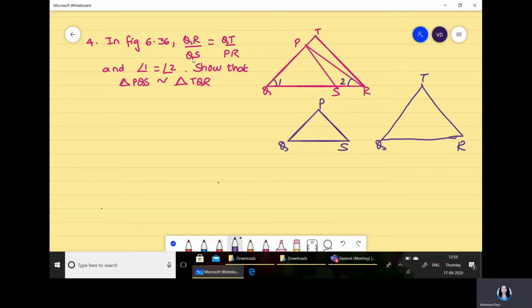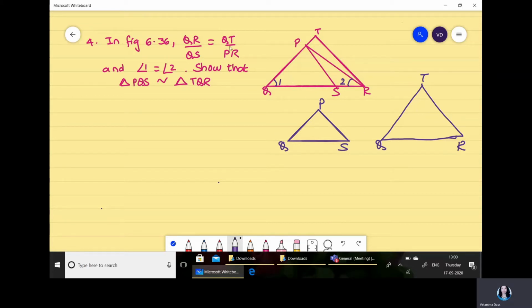Now for that, we first analyze what is given. So we find that QR upon QS, yes, they are the corresponding sides of the two triangles, equals QT upon PR. But here QT upon PR is given, but instead of PR, it should be PQ.